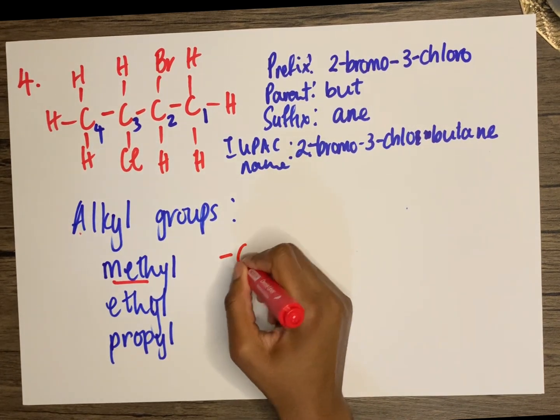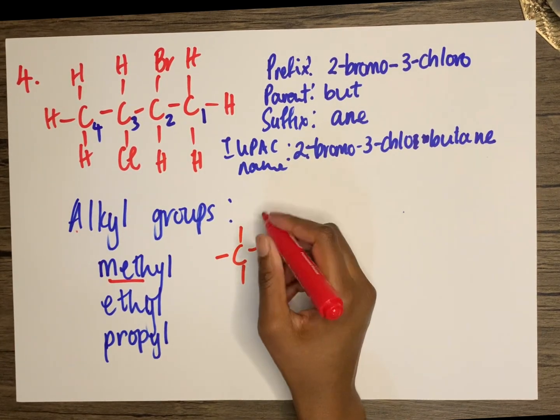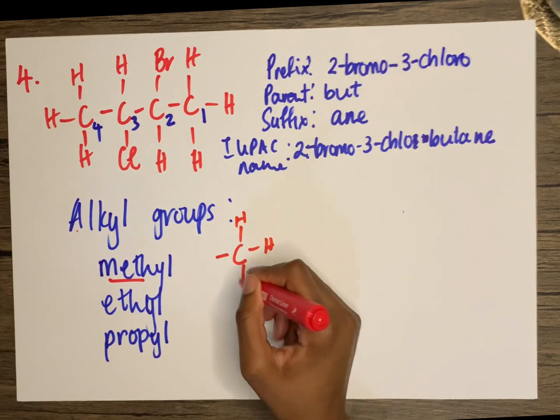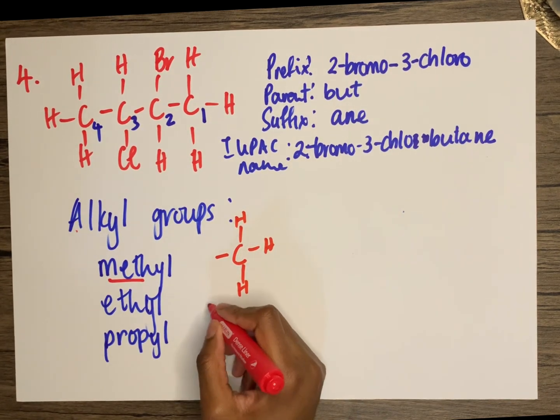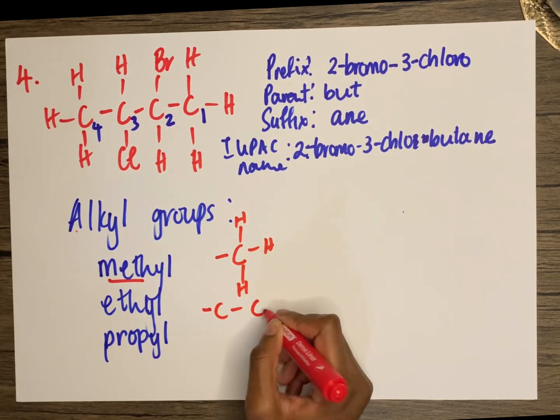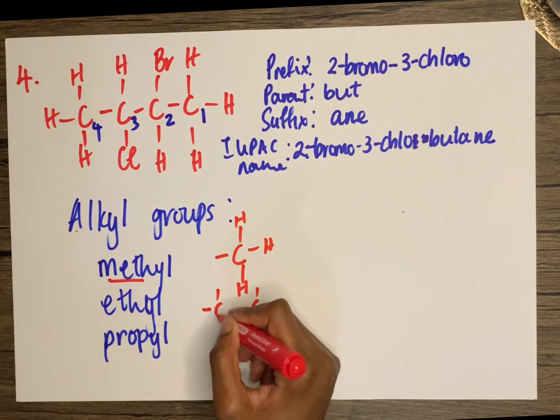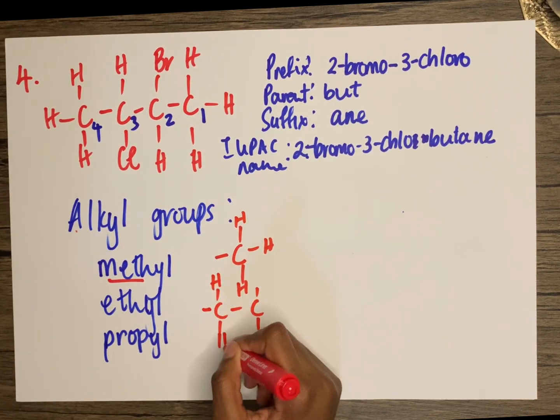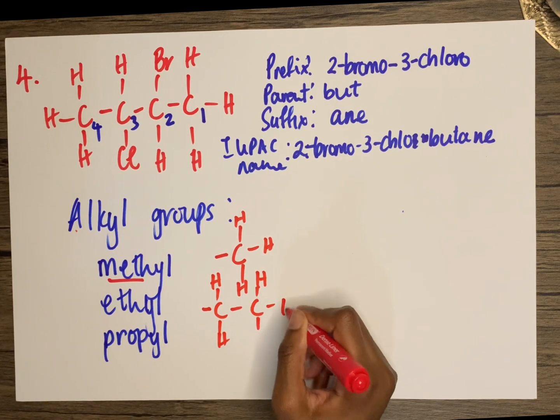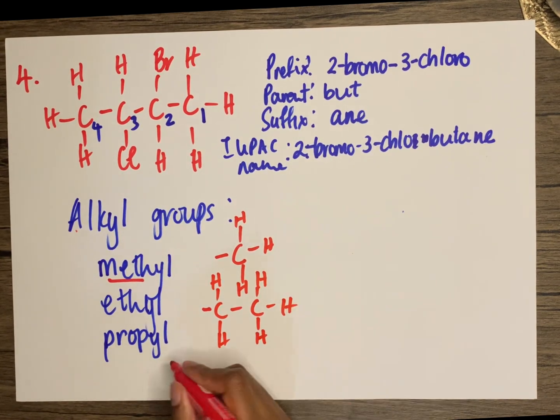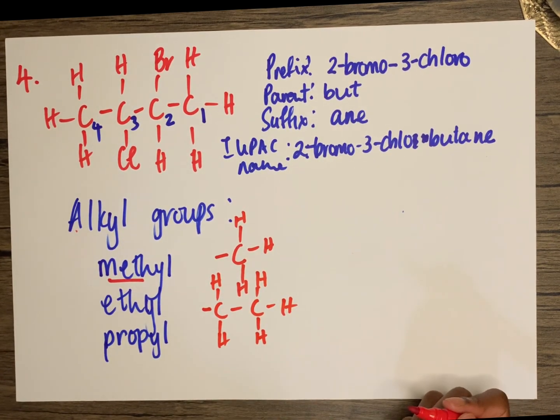So you can have a substituent that is a methyl. You can also have a substituent that is an ethyl. And you can also have a propyl, which would have 3 carbons. Let's make an example here.